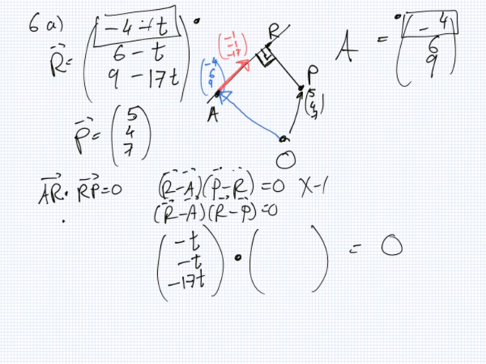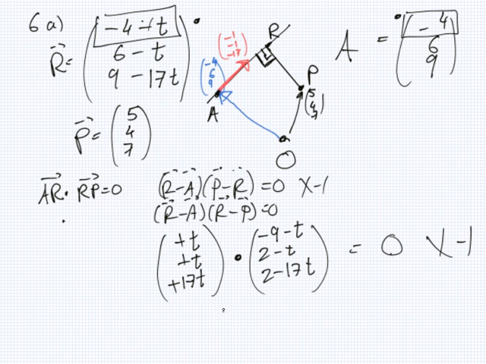Okay, this one won't be as nice. So, OR minus P. So minus 4 minus T minus 5, that's minus 9 minus T. And then the next one is 2 minus T and 2 minus 17T. Now because this is equal to 0, I'll multiply by minus 1 and go plus, plus, plus.